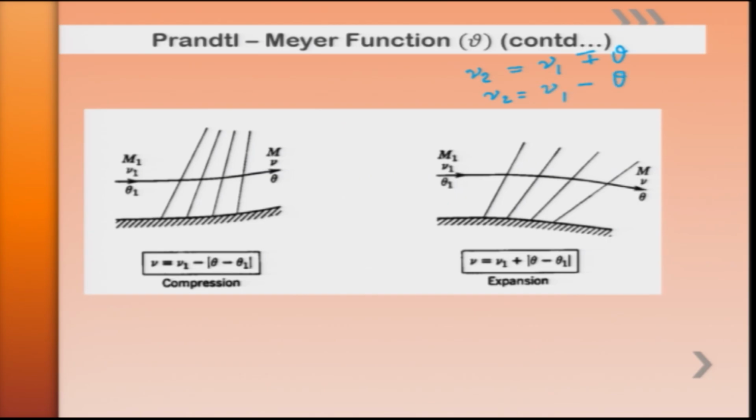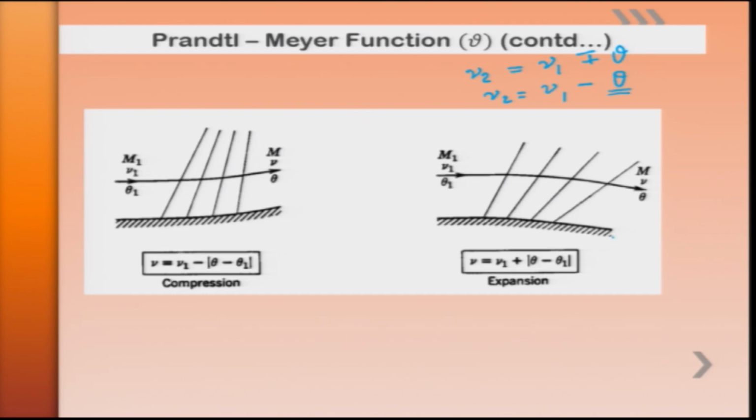this is required because when there is a continuous compression, which is an isentropic compression process, and the process is isentropic everywhere including near the wall, then the downstream function is obtained by subtracting the deflection angle, because the flow is turning into itself.